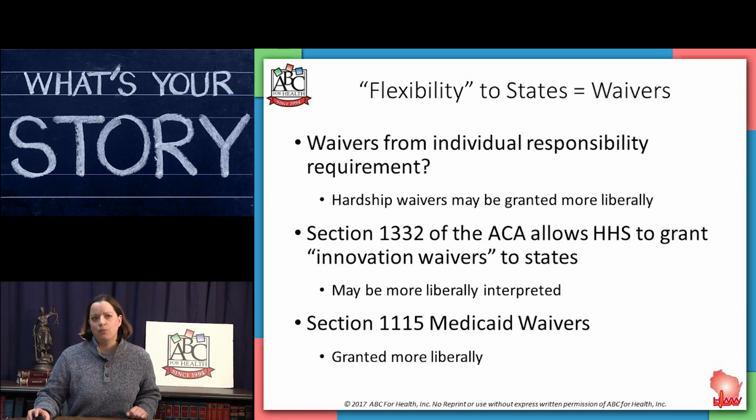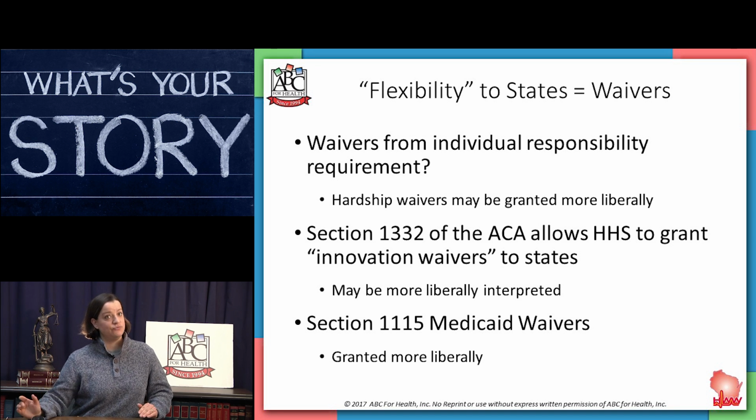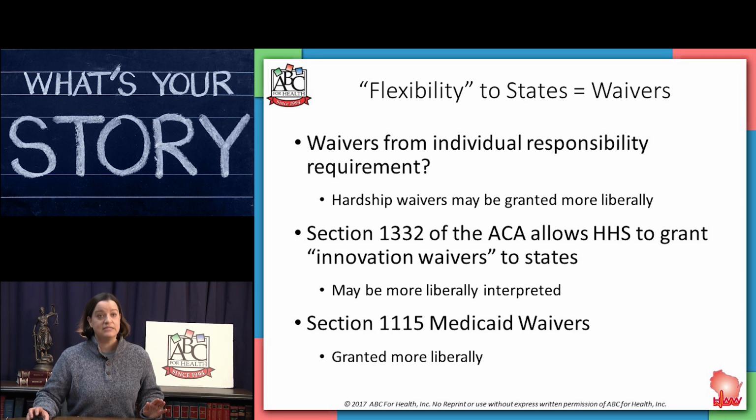The last waiver we might want to pay attention to are Section 1115 Medicaid waivers. These are state demonstration waivers where the state can show how they can cover more people or run Medicaid a little differently to ensure good outcomes. Now, they have to be budget neutral, but it is, again, an area where the states could take a lot of control and make a lot of changes.